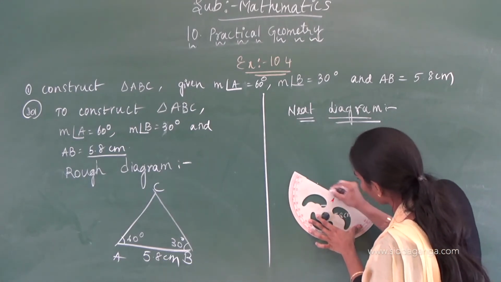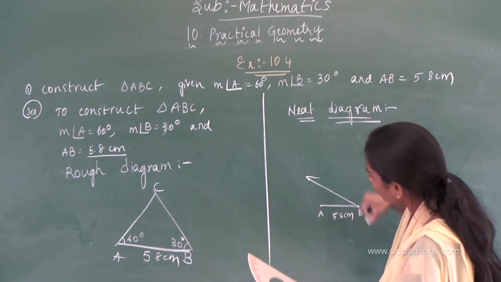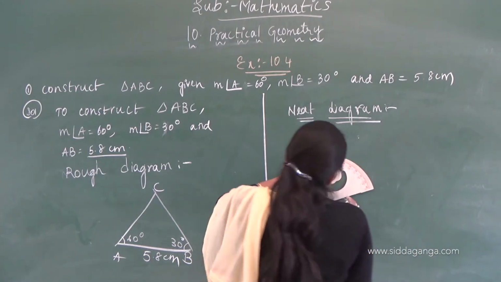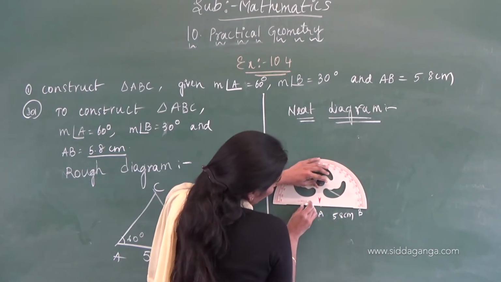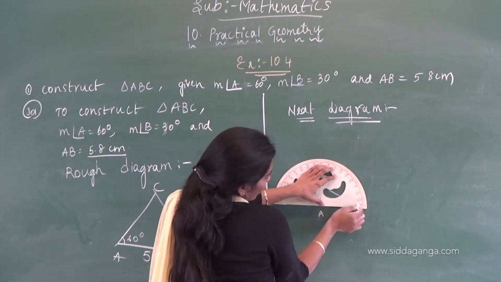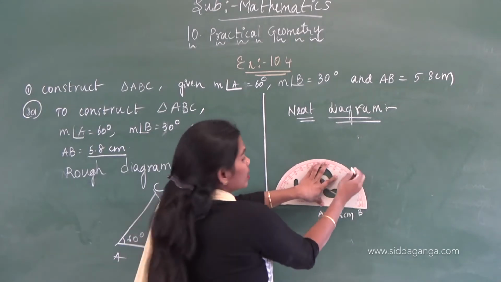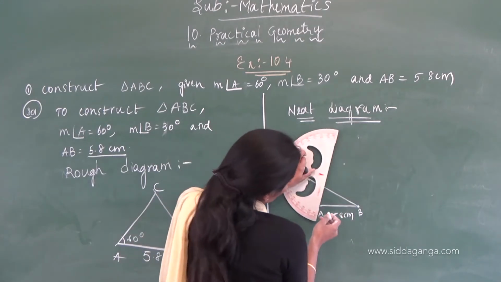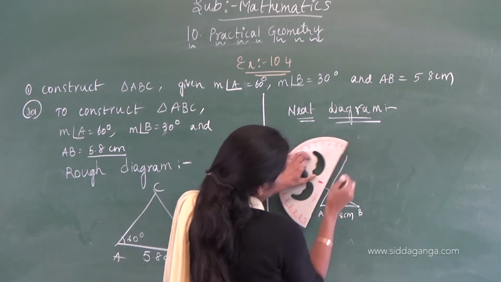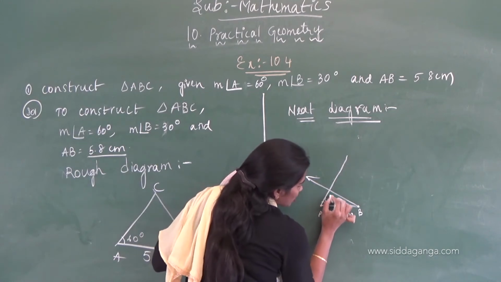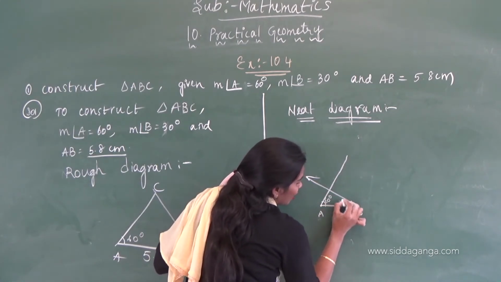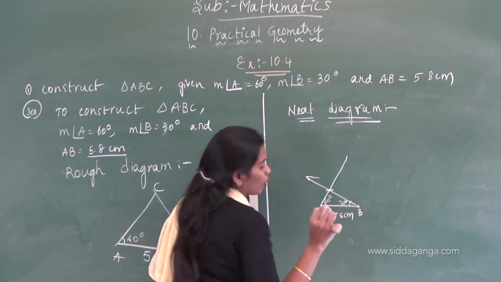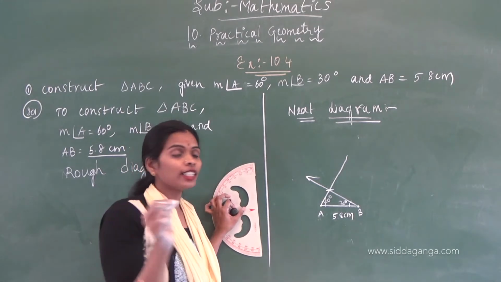I am writing one ray here. And then through A we have to draw 60 degrees of angle. Here I am taking the lower scale. This is 60 degrees and this is 30 degrees. The point of intersection of the two rays is C.